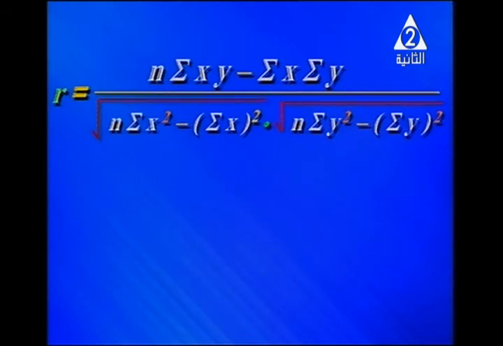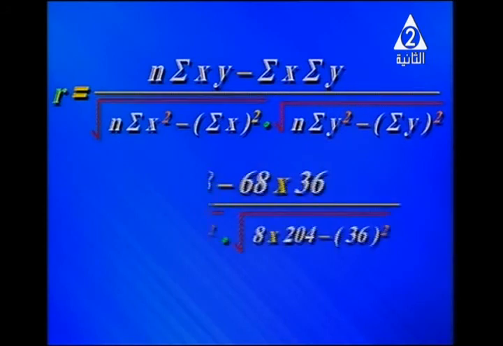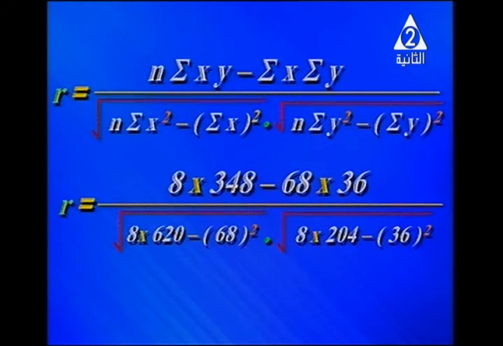After that, by substitution, dear student, with n equals 8, sum xy equals 348, sum x equals 68, and sum y equals 36 in the numerator, over the square root of 8 times 620 minus 68 all to the power 2, times the square root of 8 times 204 minus 36 all to the power 2.